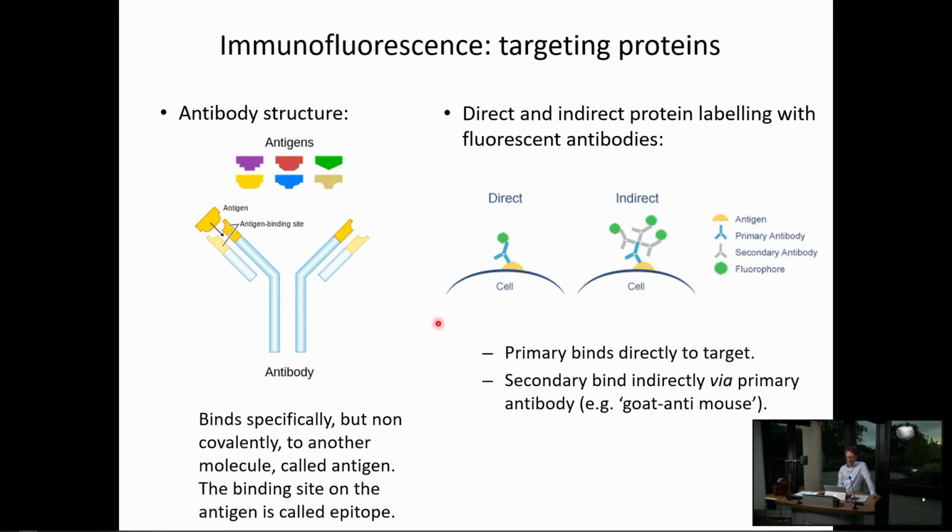So what I do is I take an antibody, and the simplest way of doing it is called direct labeling with a so-called primary antibody. It's a primary antibody that has been produced to really just recognize that protein, so the yellow blob here.